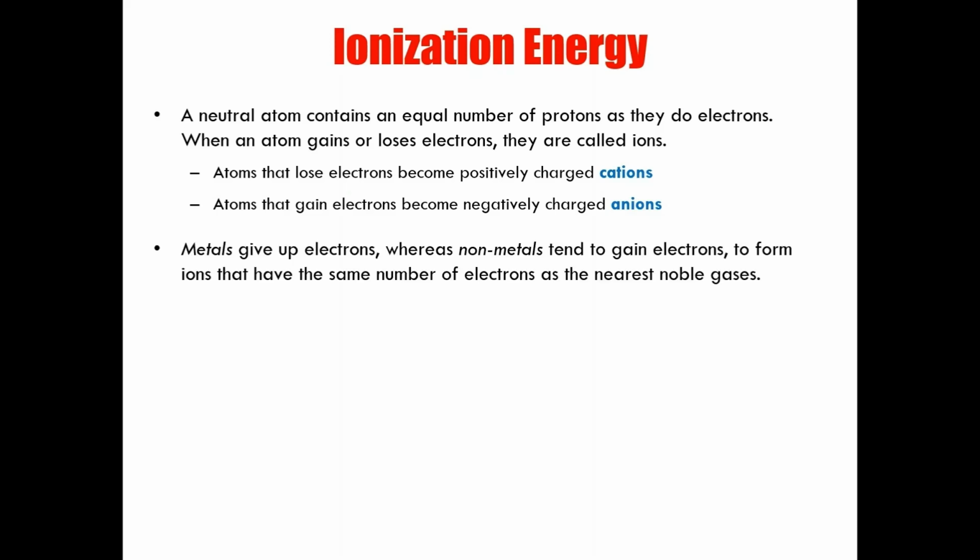To become stable, these atoms will lose electrons or gain electrons to become either cations or anions respectively. Atoms will do this so that they can have the same stable arrangement of electrons, just like those in noble gases.